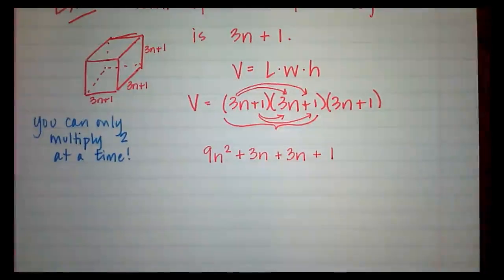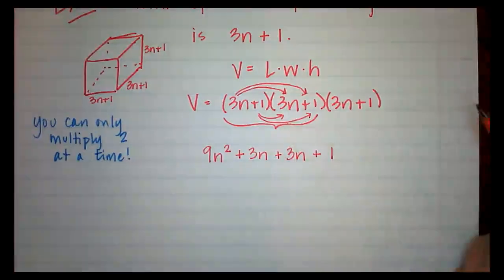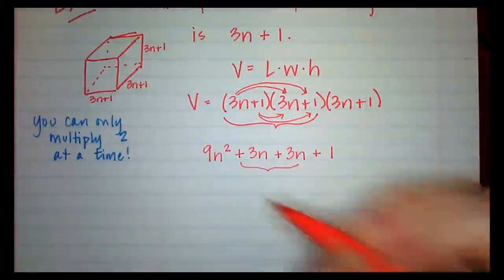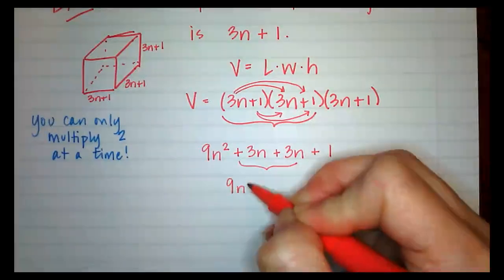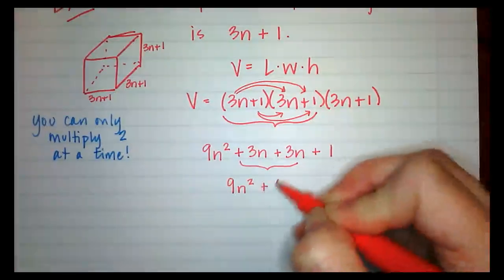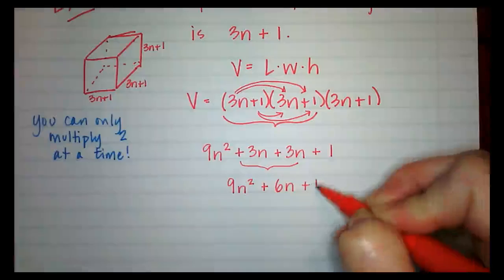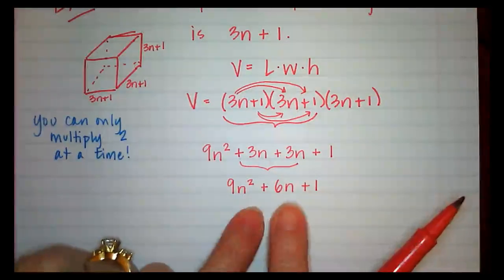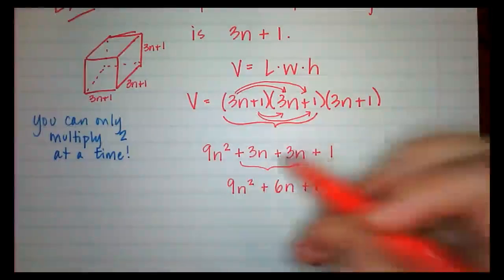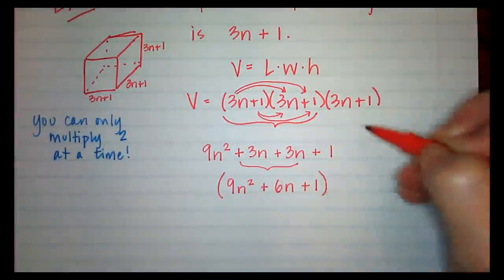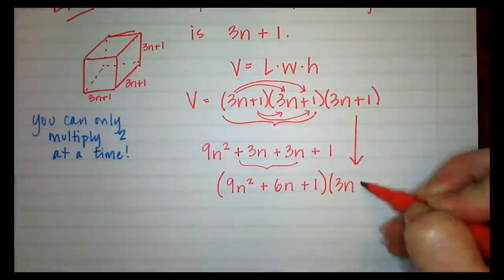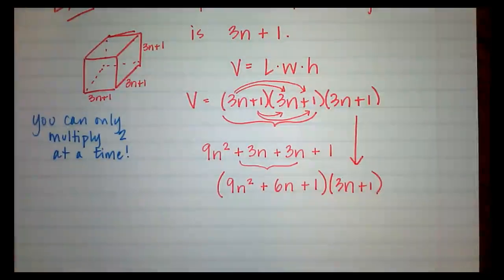And then remember, we're going to check for like terms, because when we multiply binomials together, I told you like 93% of the time we'll have like terms right here. So we have 9n squared plus 6n plus 1. So that is our length times width. So now we need to multiply that by the height, which is 3n plus 1.